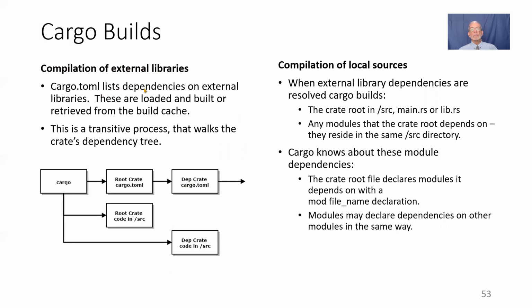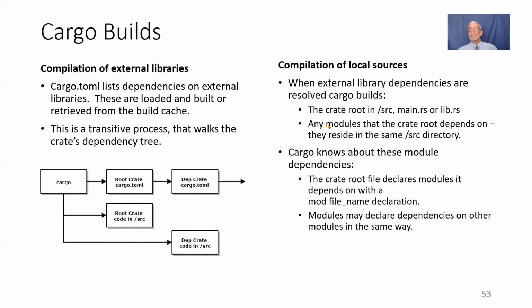Cargo.toml lists, as we saw earlier, the dependencies. Could be a local dependency, a local library that we built on our machine, or it could be a remote one from crates.io or GitHub, for example. It just walks that tree recursively, pulling up all its resources, and then it compiles a local resource.